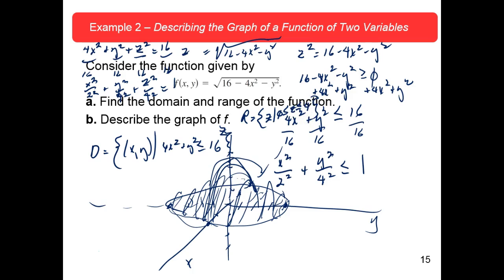There's the range. And then describe the graph was the top half of an ellipsoid of those dimensions. I didn't do that right. Sorry about that. Yeah, I think it is. Their picture looks a lot better than mine, though.